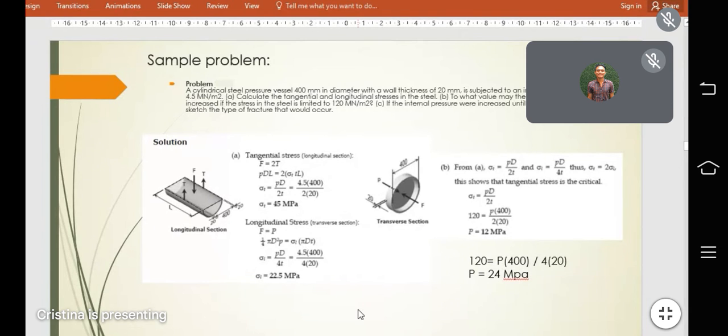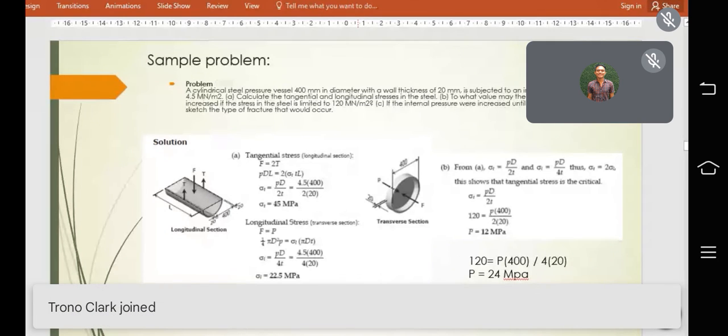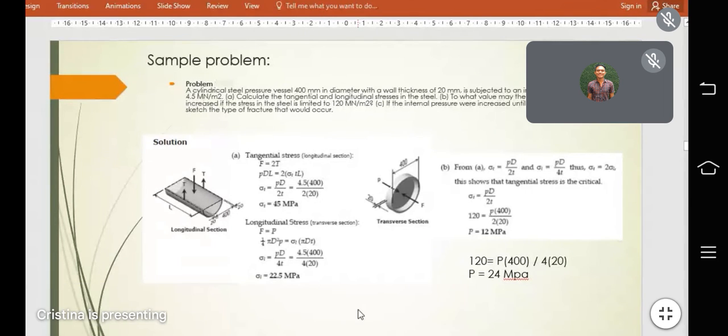So the 120 is the constant, we cannot change it. We are going to check both. For longitudinal, the pressure we got is 12 MPa.